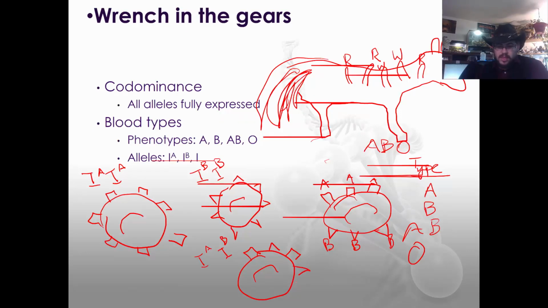In other words, both the A allele and the B allele are being fully expressed. All alleles are fully expressed. The O actually codes for nothing. So if you had IA and the O allele, you'd still be type A because this is codominance.